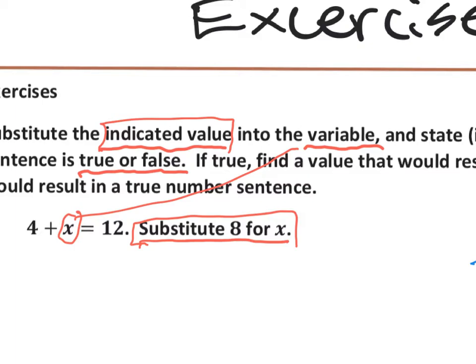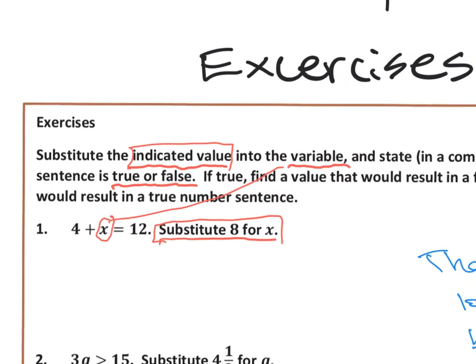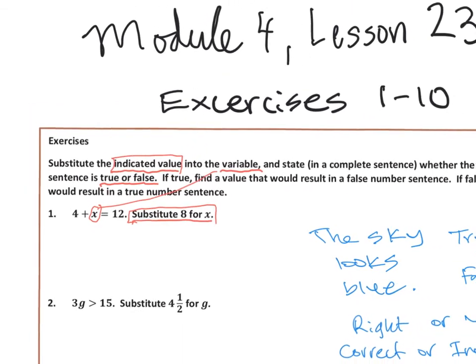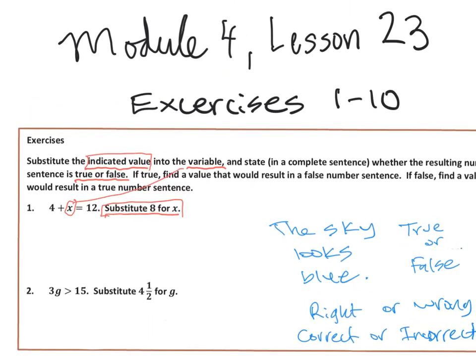Let's go back to where we were at. So right there we have an equal sign in number 1. So the equal sign for number 1 is saying that 4 plus x is equal to 12. Now it's telling us that we need to substitute 8 for x.